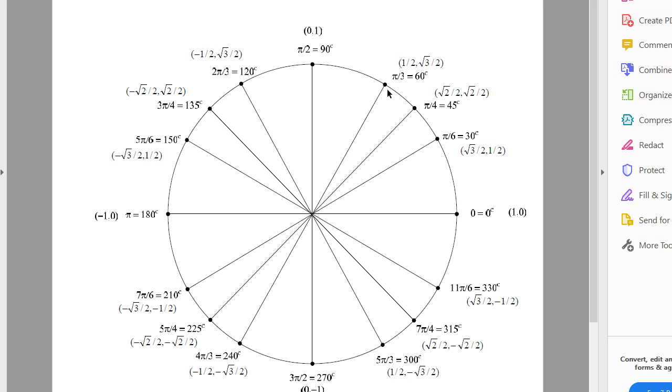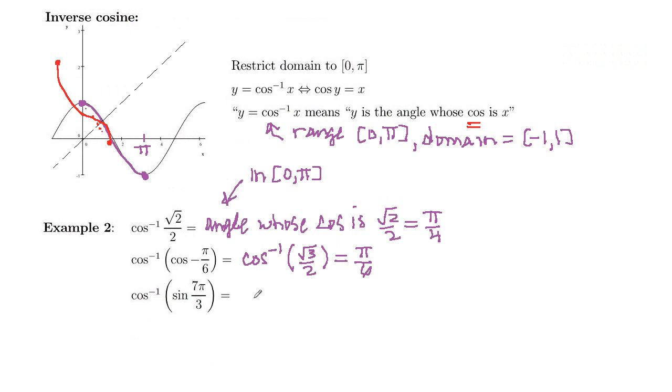So we can write 7 pi over 3 as pi over 3 if we wanted to. That's an equivalent angle. The sine of that is the y-coordinate, root 3 over 2. So this is actually inverse cosine of root 3 over 2 again, and we already did that one in the second part of the example. That's pi over 6.